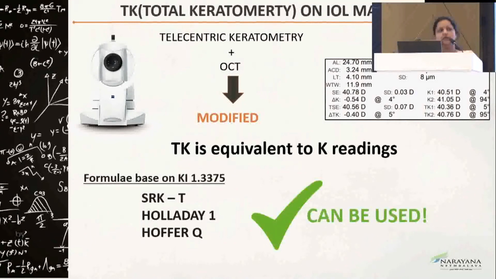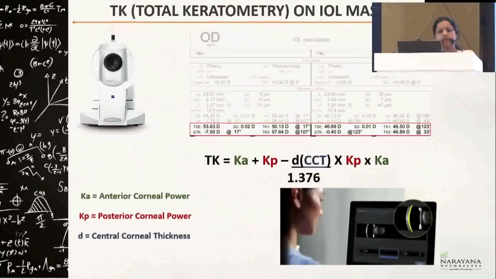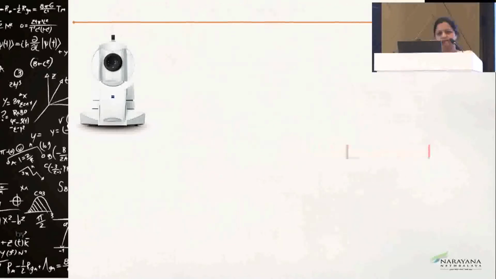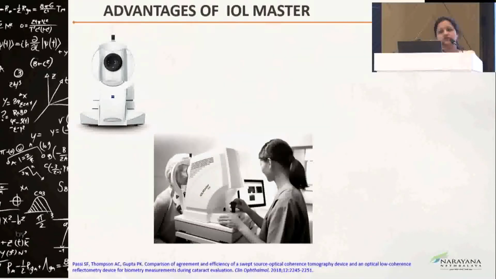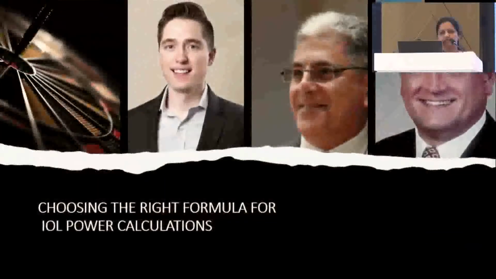It actually modifies what it calculates for the posterior with an algorithm and changes the posterior K to the refractive index of 1.3375 so that it can be directly used for our IOL calculations. The advantages of IOL Master are the repeatability of the scans and the rapid acquisition of the scans. Both eye scans can be done in less than 45 seconds.